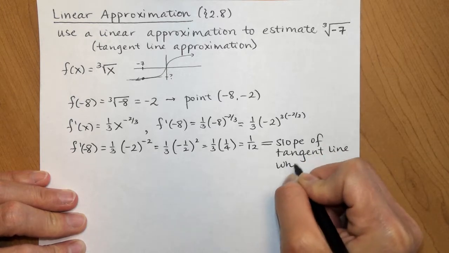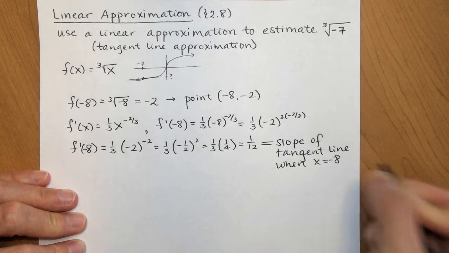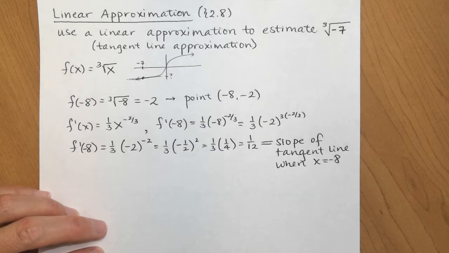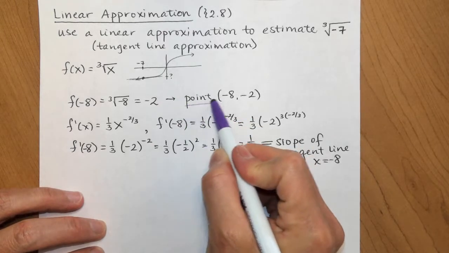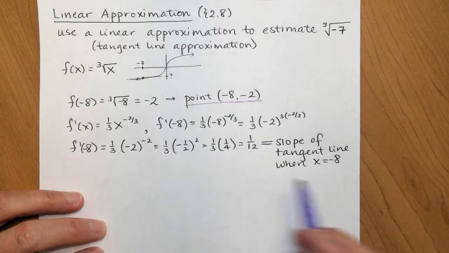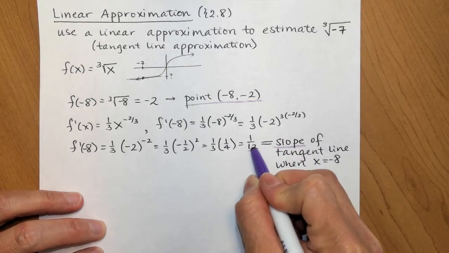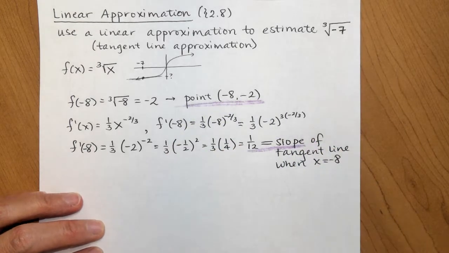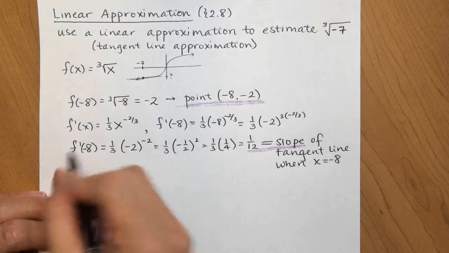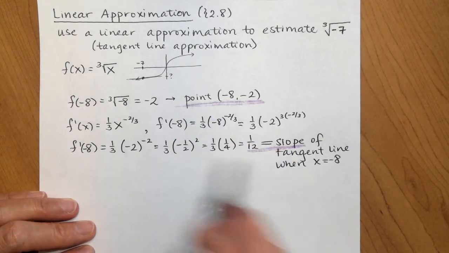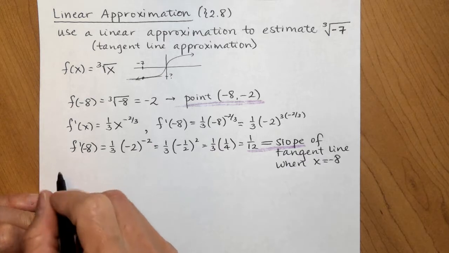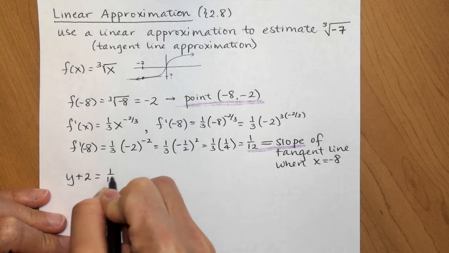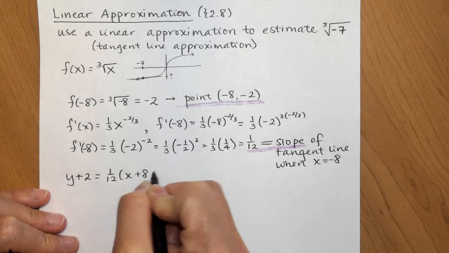When x is -8. So I have two things. I have a point on the graph when x is -8, and I have the slope on the graph when x is -8. And those two things are going to allow me to write the equation of the tangent line. So using my point and my slope, my tangent line in point-slope form is y plus 2 equals 1/12 times x plus 8.